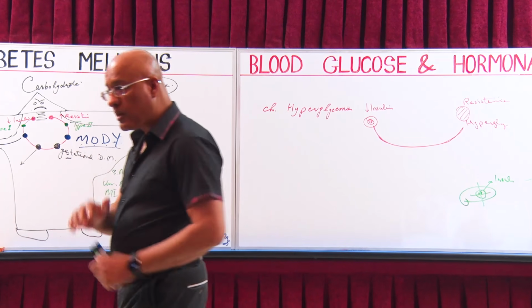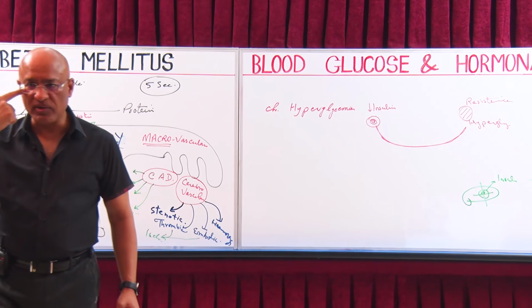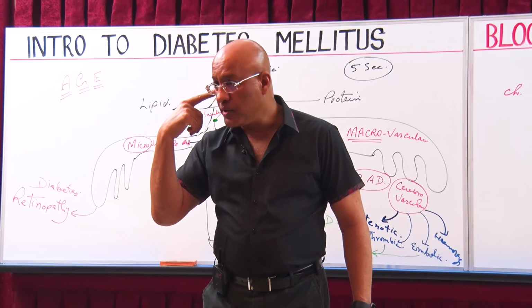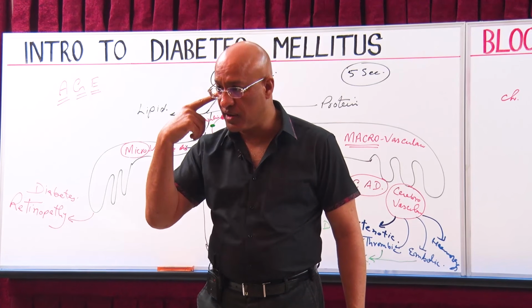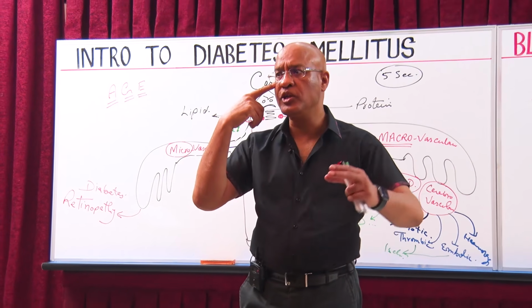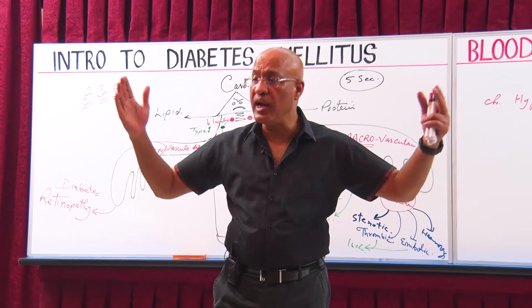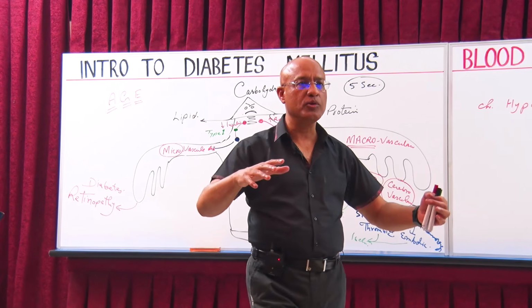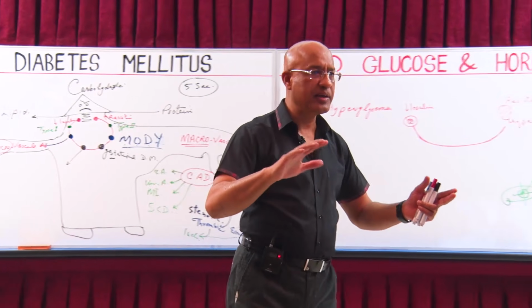So when you look at the retinal vessels in a diabetic patient, you can find abnormalities there. I will teach you later. There will be a full lecture on diabetic retinopathy, but right now I am telling you there are two types of diabetic retinopathy.